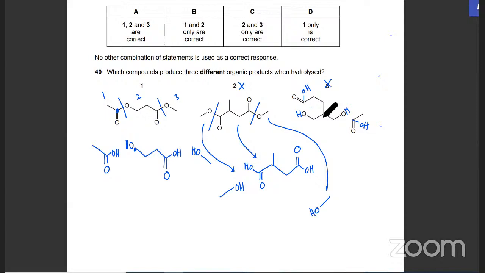Yes, sir. General question. These types of questions have been removed from the syllabus, right? No, esters are there. No, not esters, like from 1, 2, and 3, which ones are correct? That type of question is removed. It's going to be A, B, C, and D. That is obviously removed.